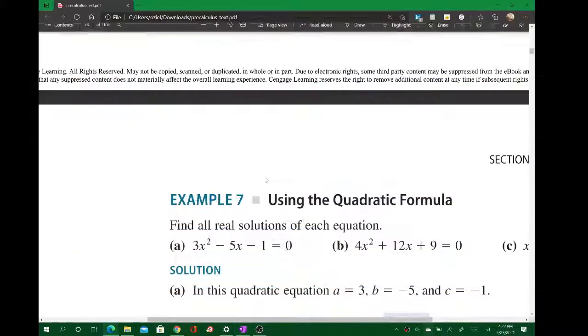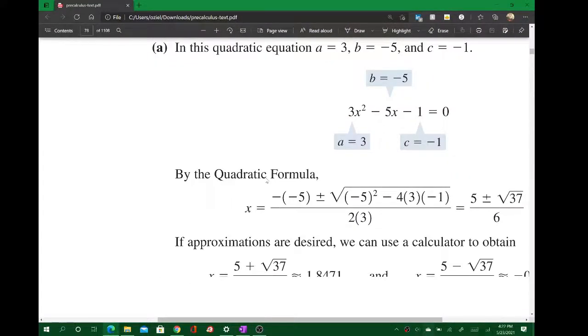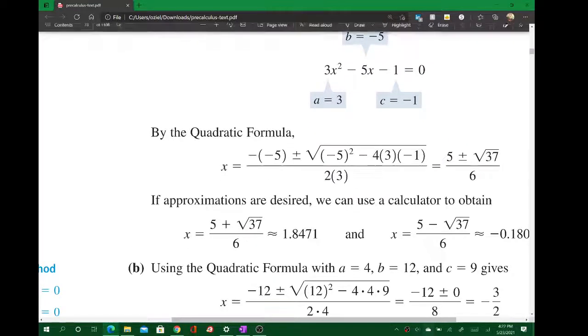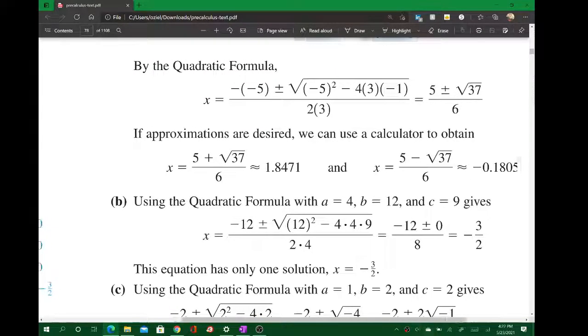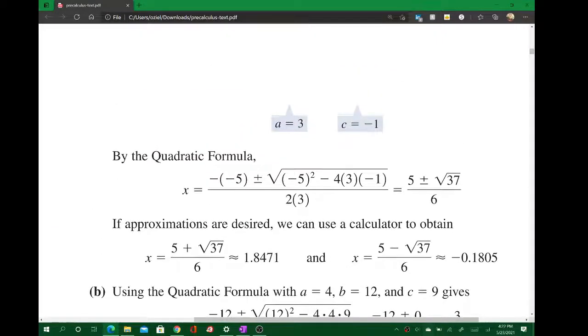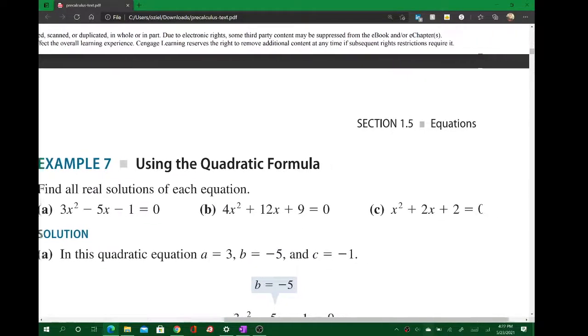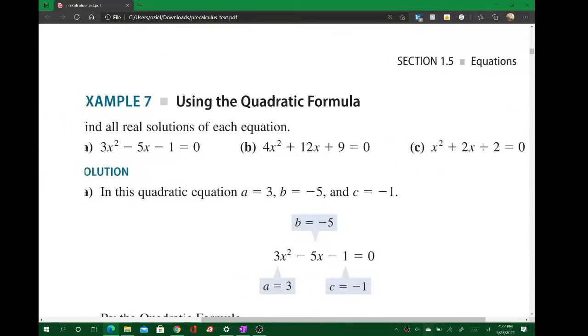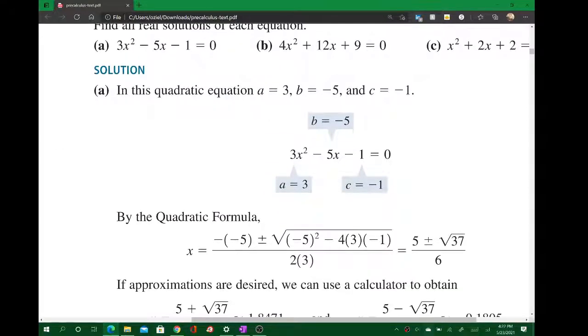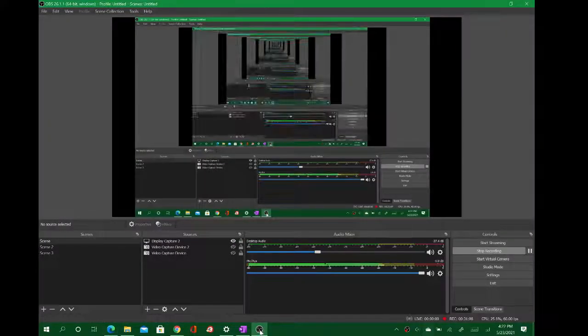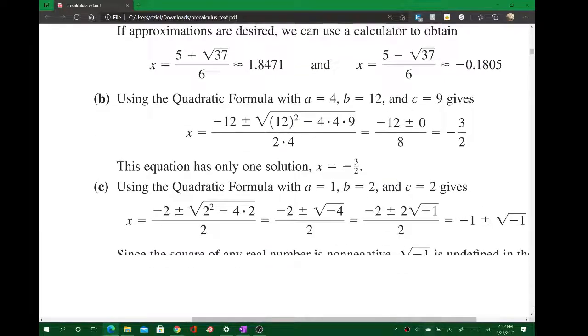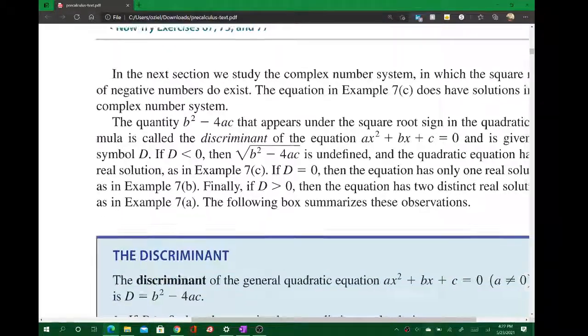That's how it works using the quadratic formula. I'm trying to go as fast as I can in this section.